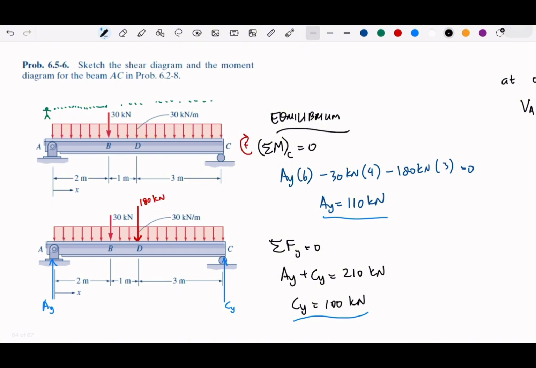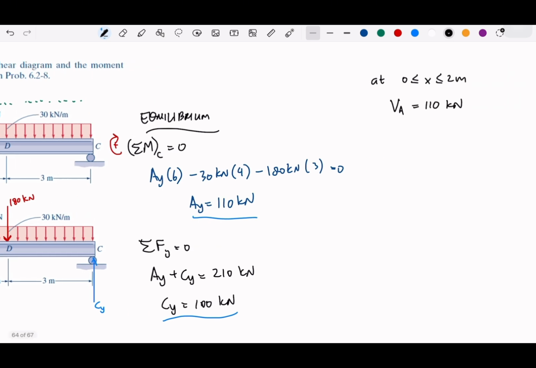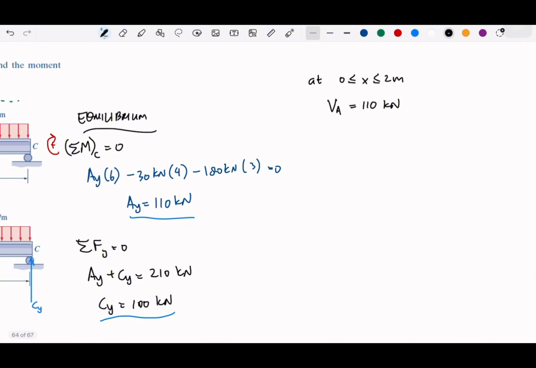So first we have this much force, 110, and then as we move here, we're getting loads. So from here, it goes linearly down. If you get that, or if we write it in equations, maybe we can continue after this.